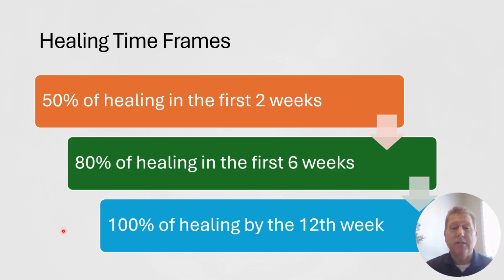And then really by the 10th, 12th week, we have nearly 100% of the healing that's occurred. I like to sometimes use the analogy of 1% per day. That helps people understand, so that it may take 90 days, which would be roughly 12 weeks, to see somebody improving to the point where they're feeling really good and maybe thinking about discharge from therapy.